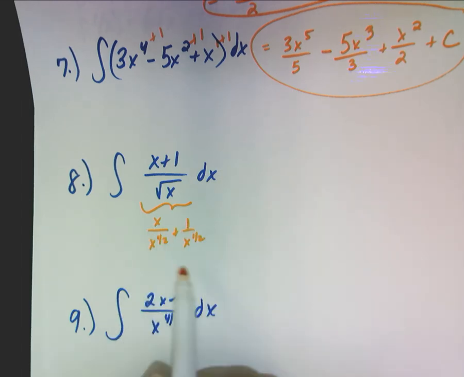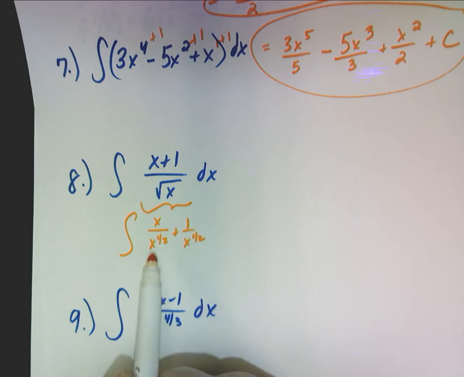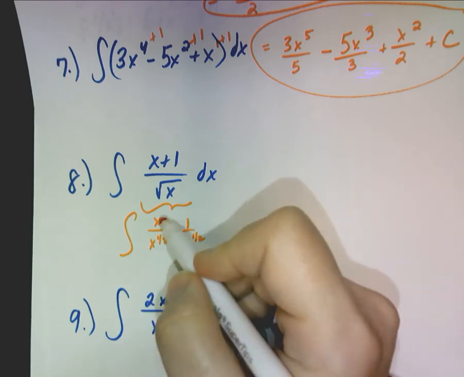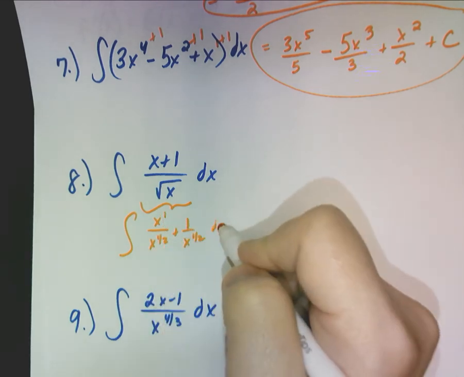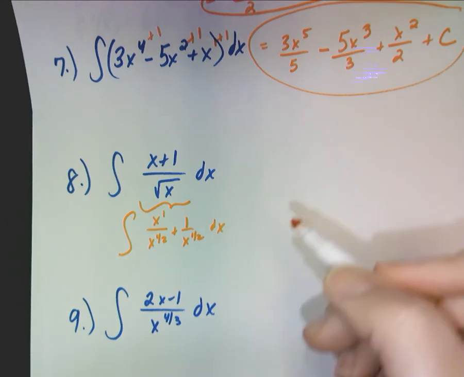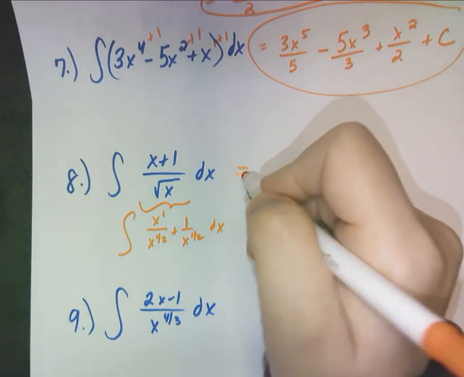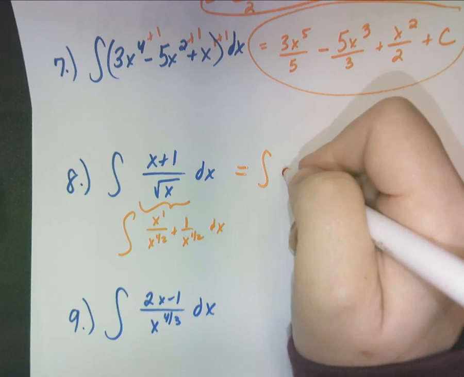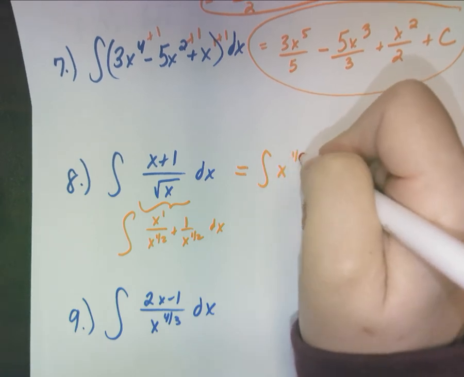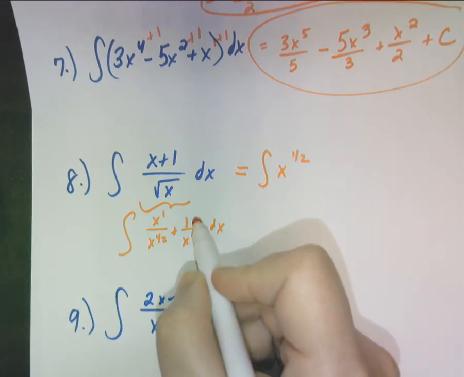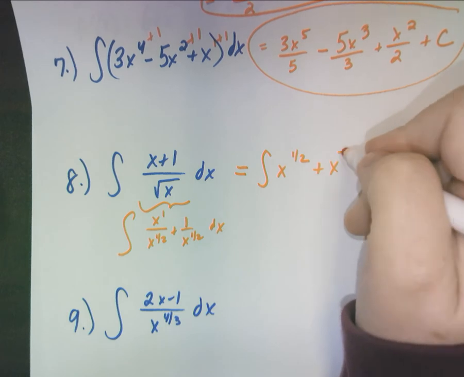And even then you can simplify. Okay, this would be 1 minus 1/2. Let me put my dx there. So this would be the integral of x to the 1/2. And this one I would elevator pass up, so this would be x to the negative 1/2.